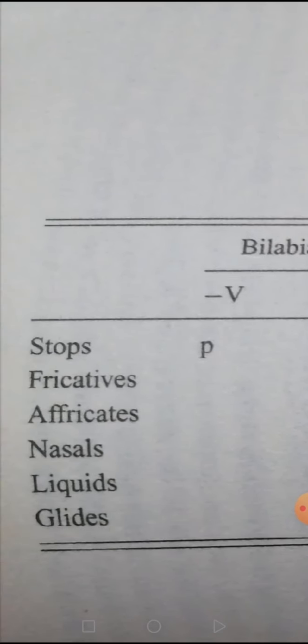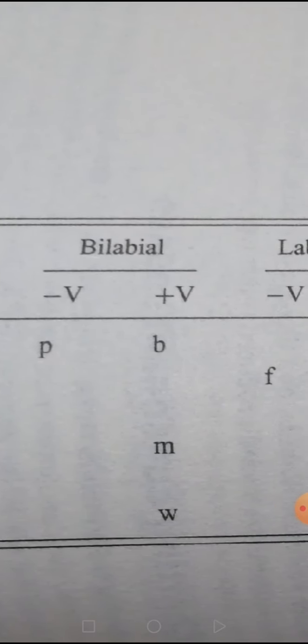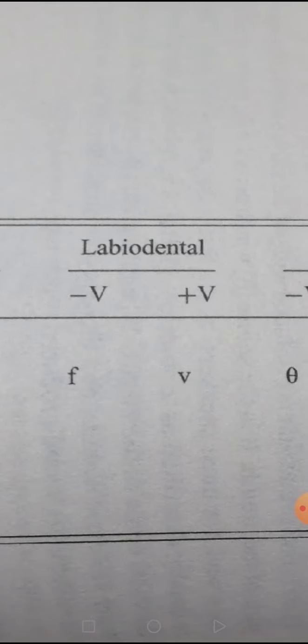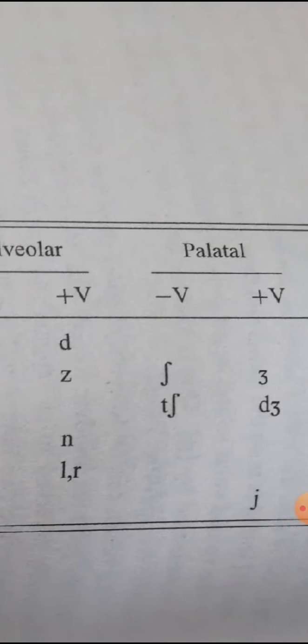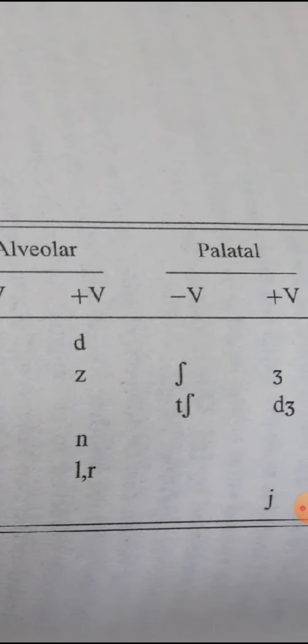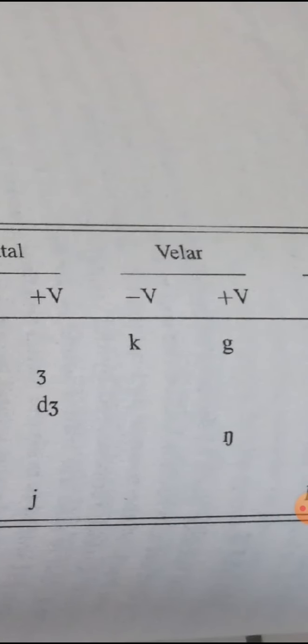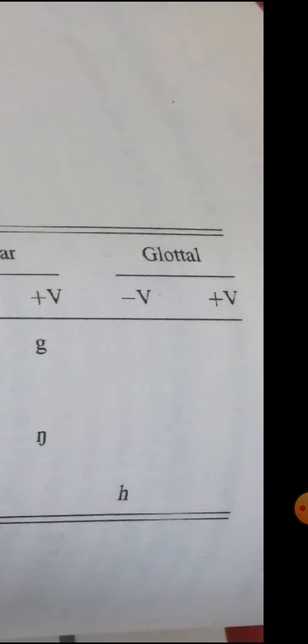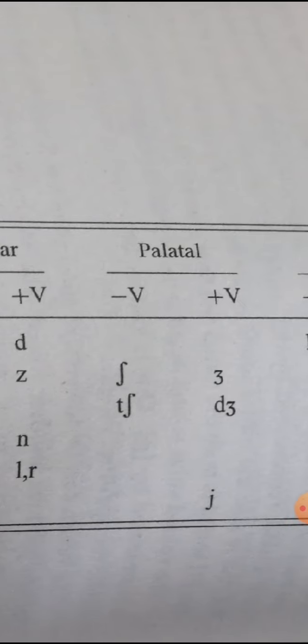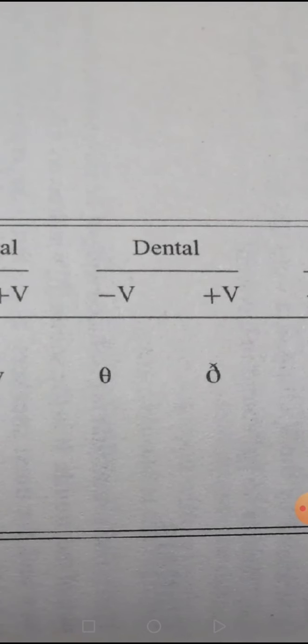Right. After that, below stops, we have fricatives. Here we have fe, ve, the, se, ze, she, je. How many are they? 2, 4, 6.